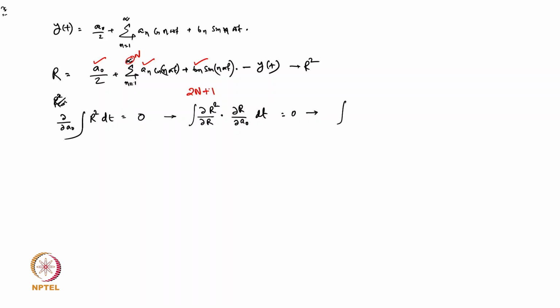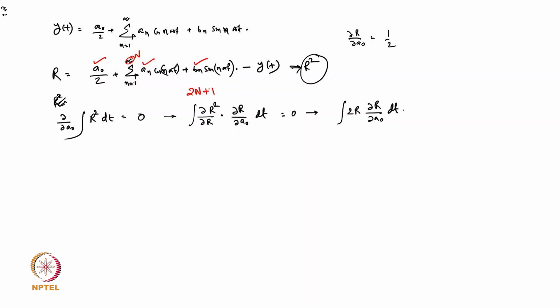Now if we do that, it will become 2r del r by del A0 dt. Okay, now if you see, r is r, not a problem. r square, r is that r, and del r by del A0. What will be del r by del A0? Del r by del A0 will be how much?